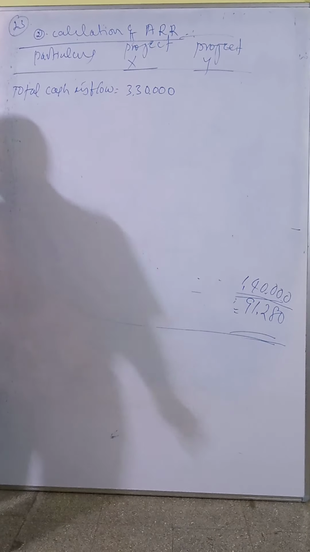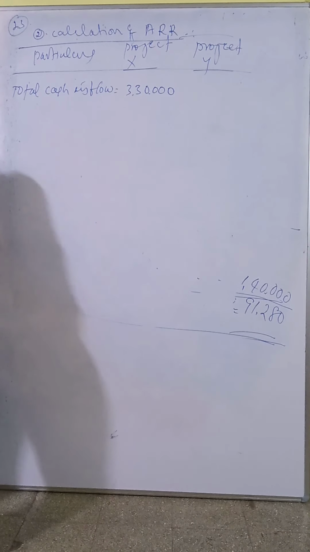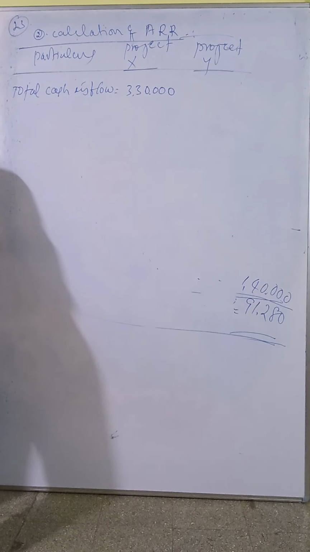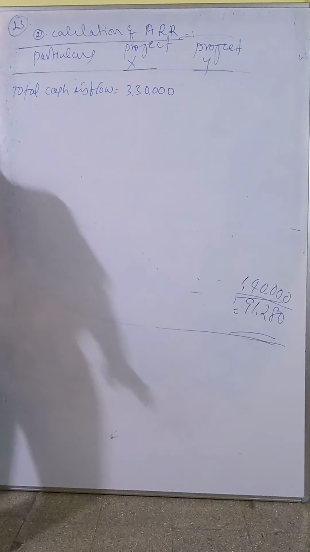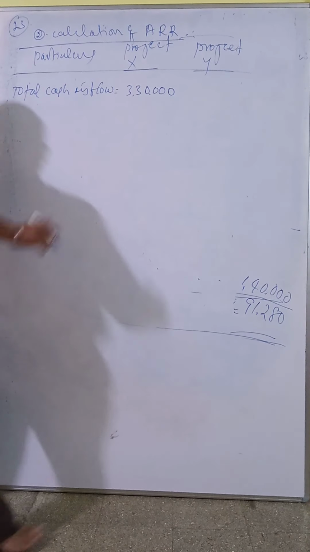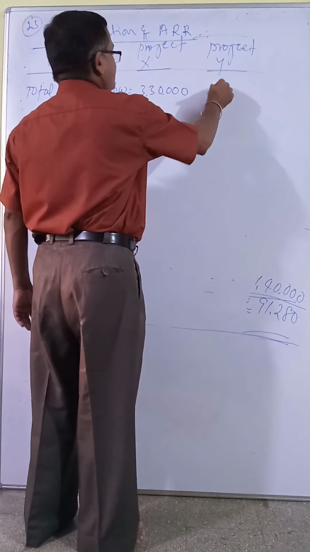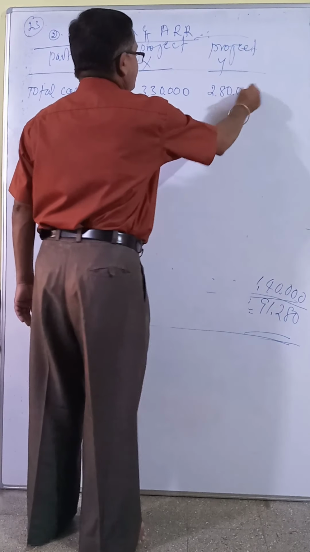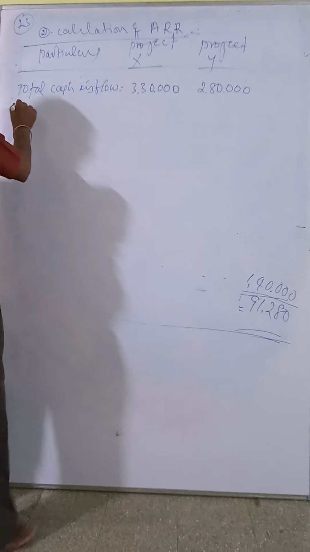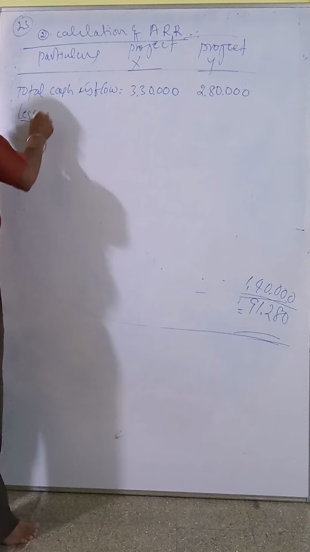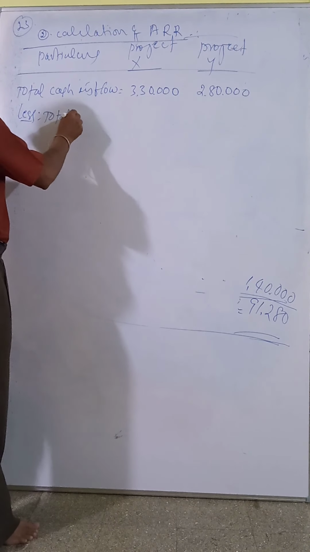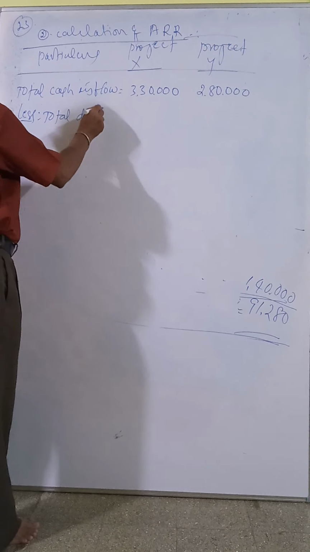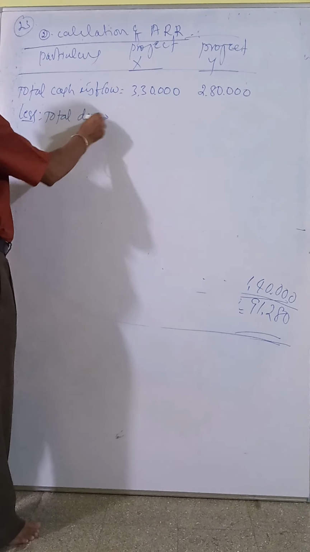Another project, you have to add the other project: 1,20,000 plus 80,000 plus 40,000 plus 20,000 plus 20,000, you will get 2,80,000. Less total depreciation. How to calculate depreciation?